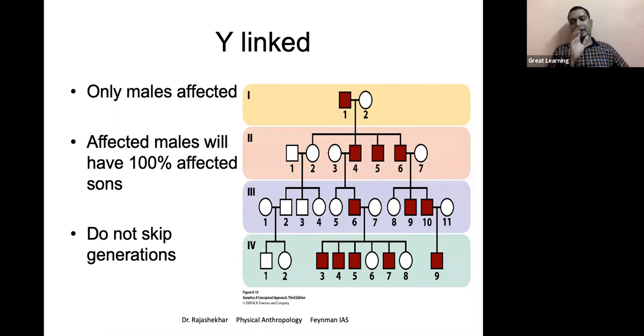And no concept of carriers, and no concept of skipping generations. So only males, and all affected males have affected fathers, no skipping generations, meaning Y-linked. A very, very rare phenomenon. I'll tell you why, but this is what it is.